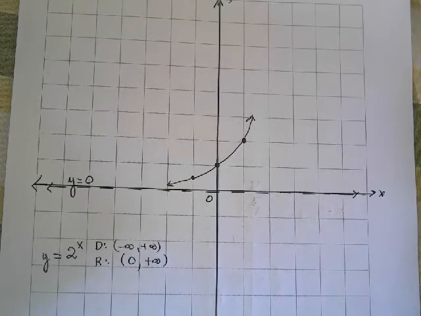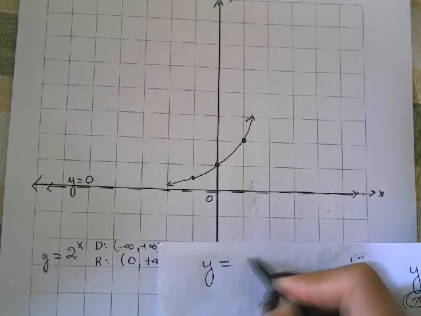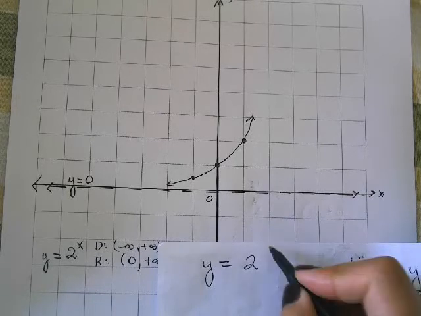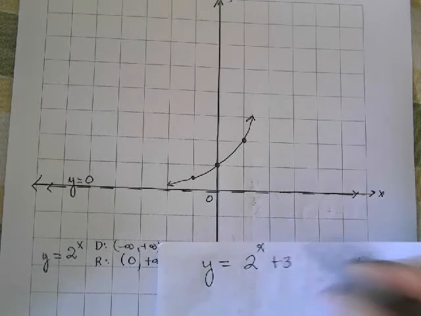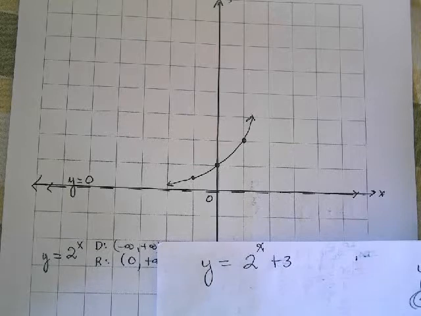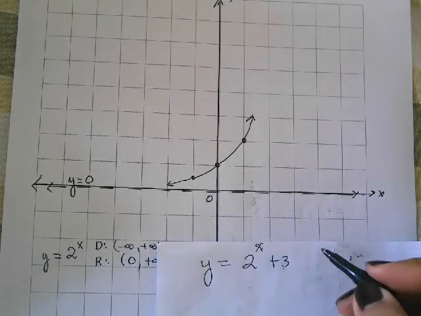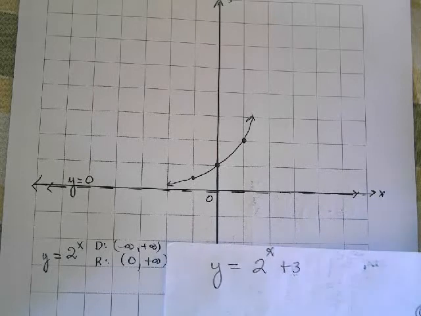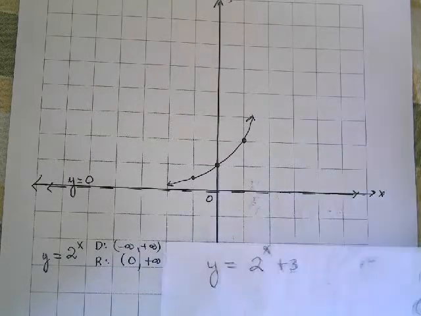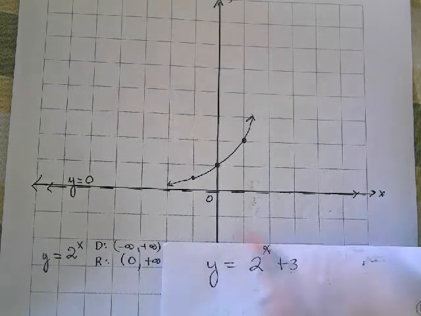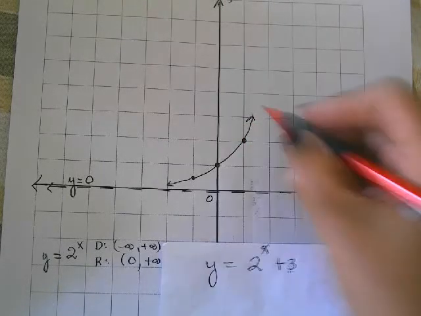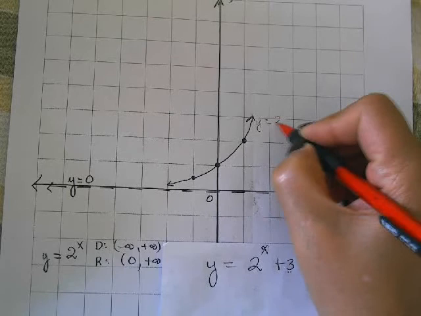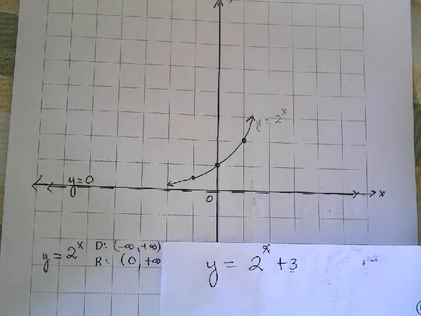Now let's graph the first, 2 to the x plus 3. What is the graph of 2 to the x plus 3? We said that's going to translate 3 units up. Just so, this is y equals 2 to the x, that is our parent graph.